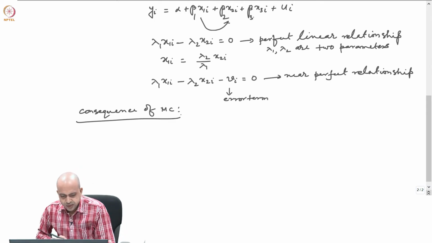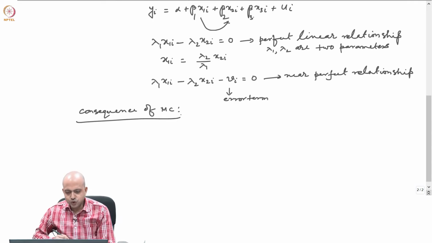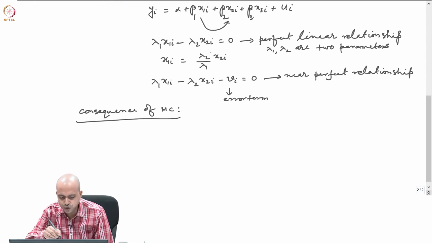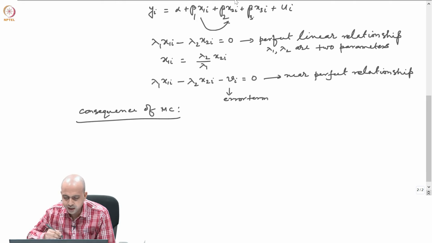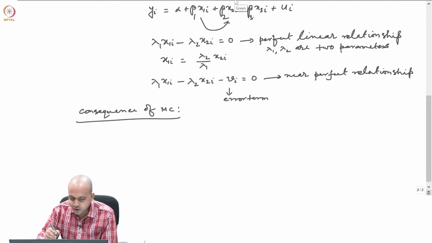When I say that x1i equals lambda 2 by lambda 1 x2i, I can substitute the value of x1i into the original equation.